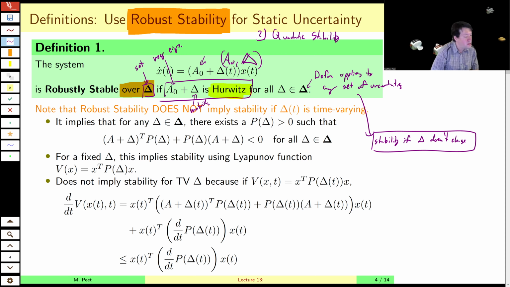So what does this mean? If you remember, if we apply the LMIs and the Lyapunov theory, for any given delta, there exists a Lyapunov function which proves stability of that system. That was a very old result, which says that if the system is Hurwitz, if the system is stable, there exists a Lyapunov function which establishes that fact.